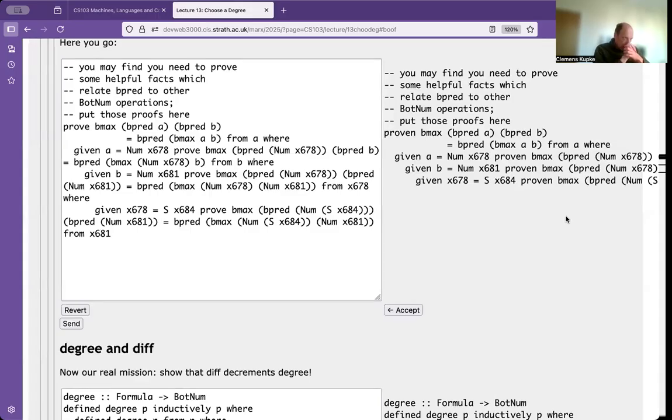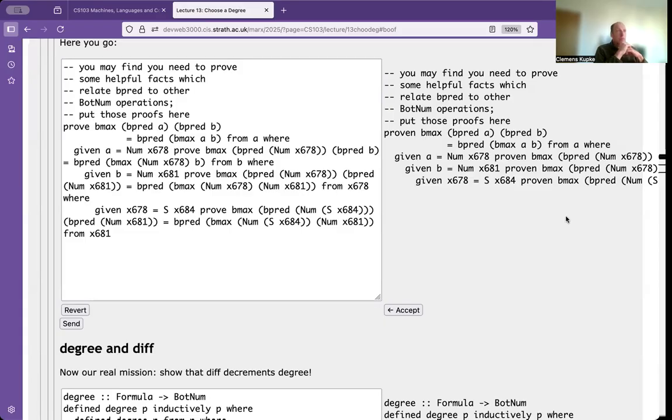You find, or maybe you found, that when you did the same thing for the multiplication case, you got another slightly gnarlier thing involving Bmax and triple plus and Bpred and lots of degrees that were getting in the way.